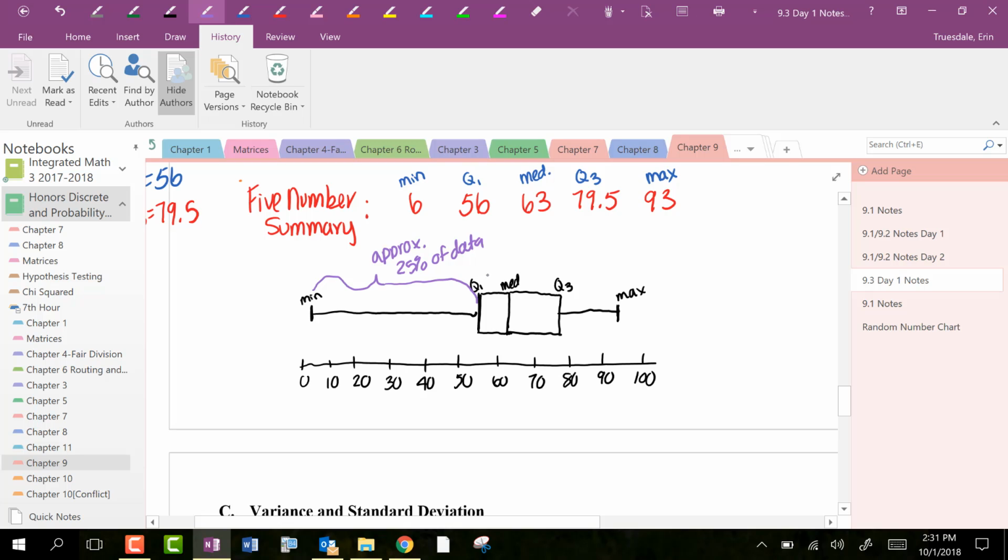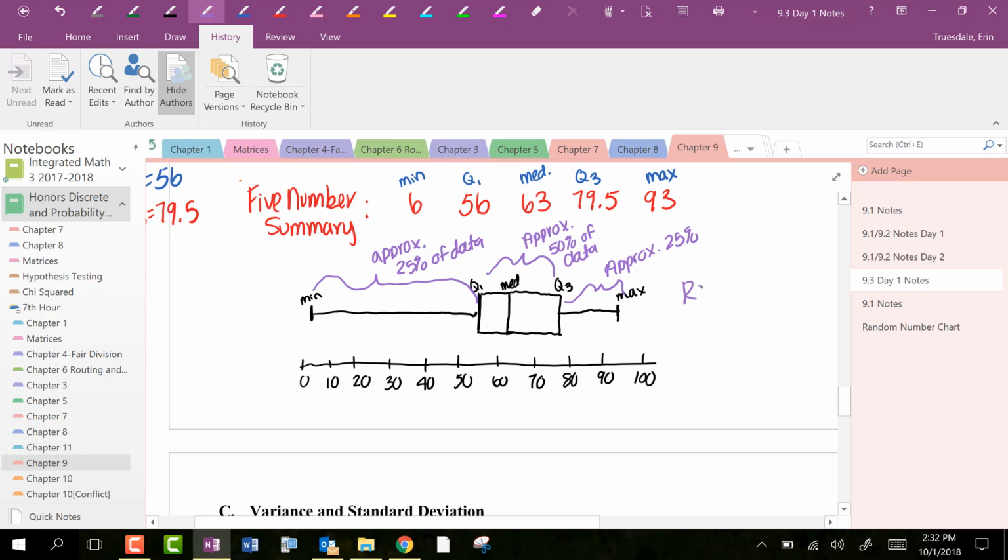In your box is approximately 50% of your data. And then over here, approximately the other 25%. Questions on how to make your box plot?